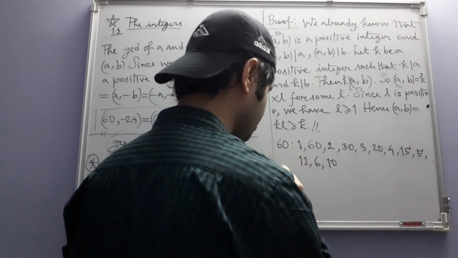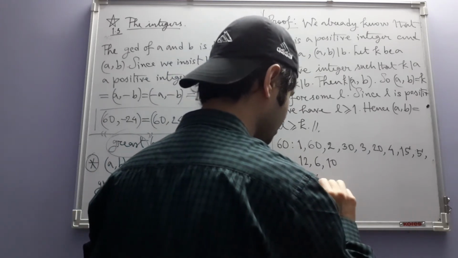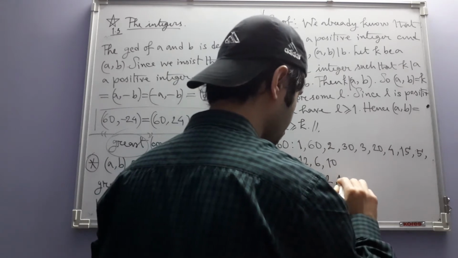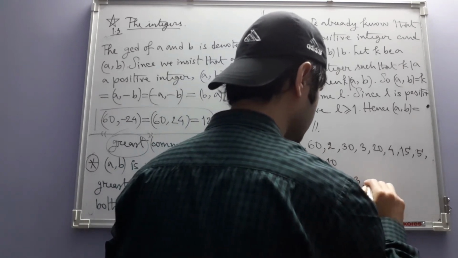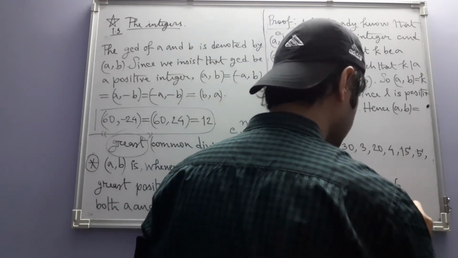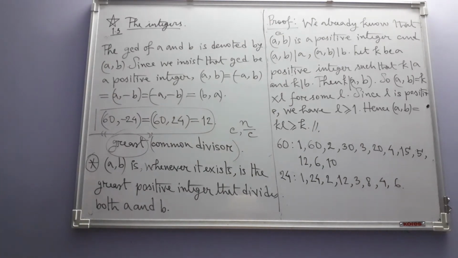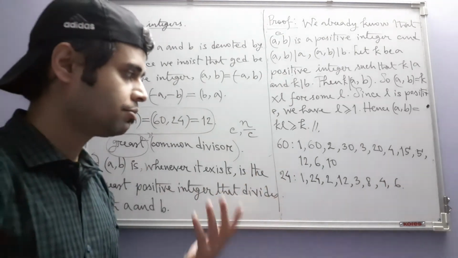Just like that, if we find those of 24, we get 1, 24, 2, 12, 3, 8, 4, 6, and that's all. Now these are the positive divisors of 60 and 24.